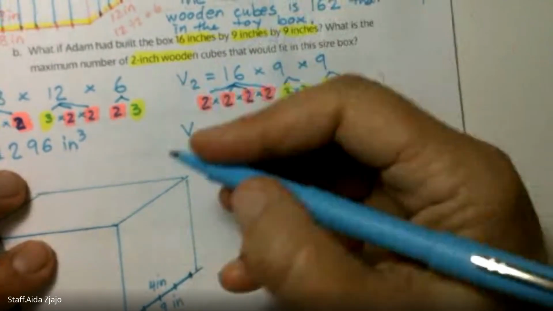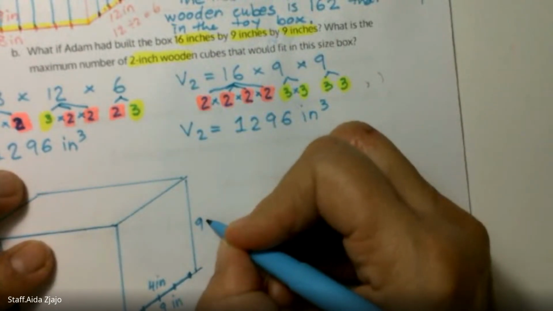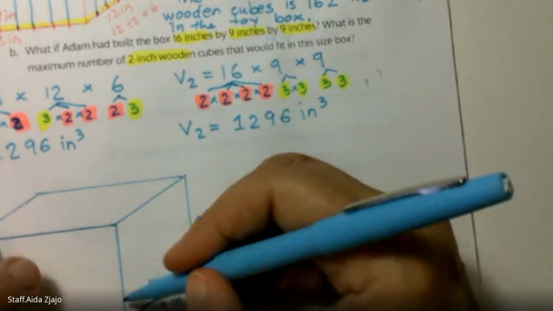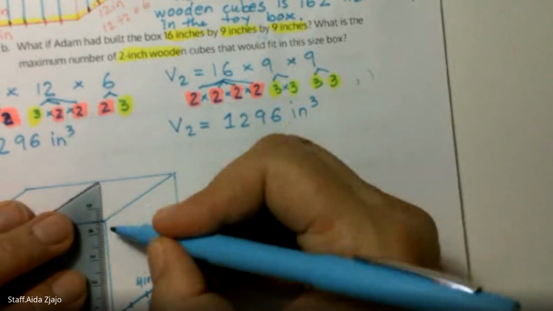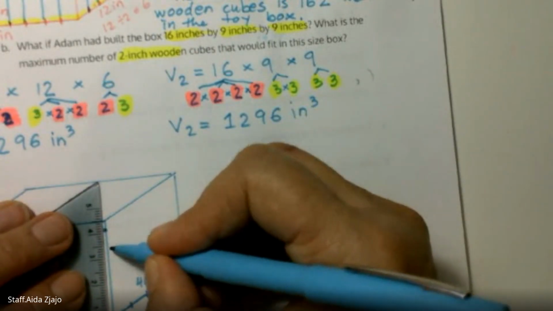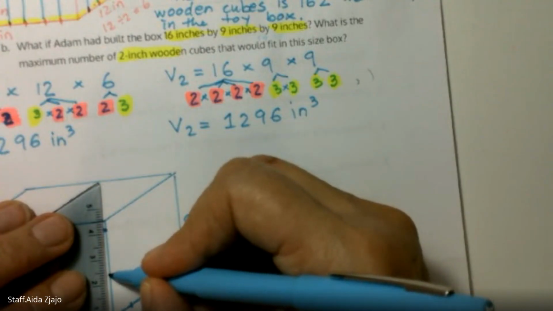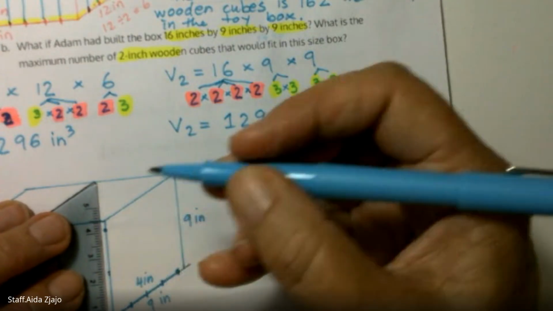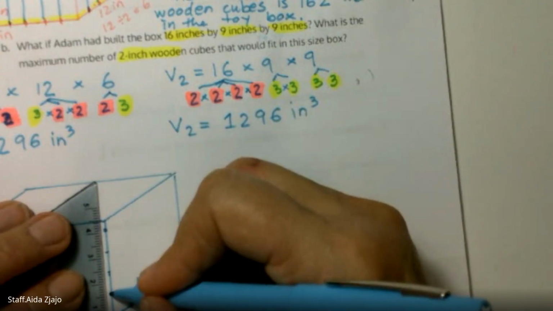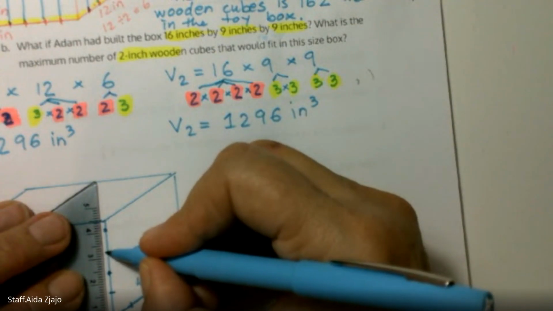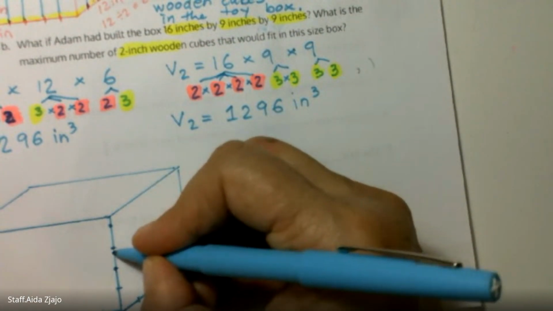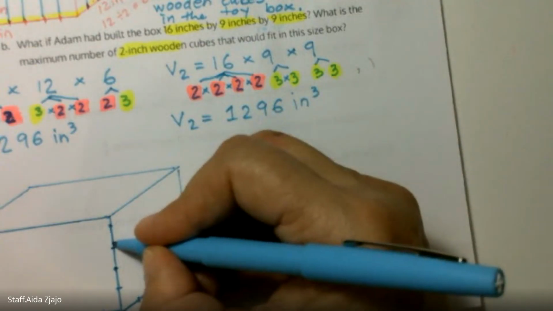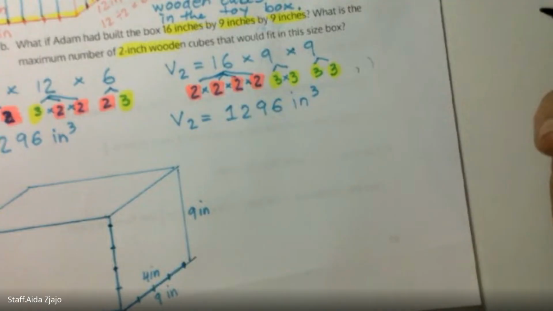And then the height is also 9 inches. So if you think about 2-inch cubes, you can have an extra inch, and then you will have 4 here. So it would be 1, 2, 3, 4 layers, and then the top would be the extra.